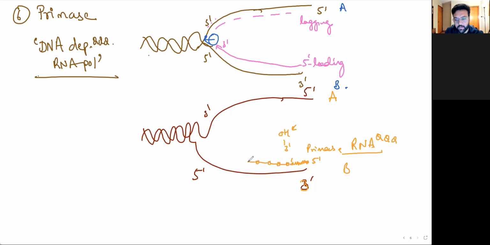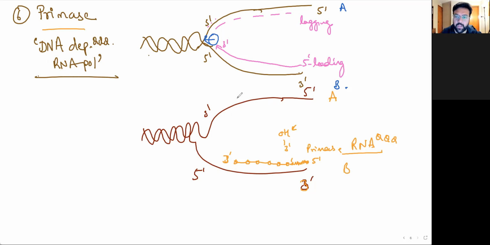So look at this, it's replicating from 5' to 3' and reading 3' to 5'. So primase is fulfilling the requirements of DNA polymerase, but the problem comes here. Any questions up till now? Okay.